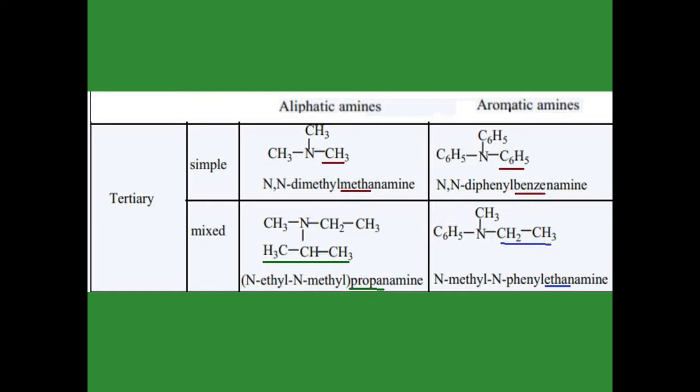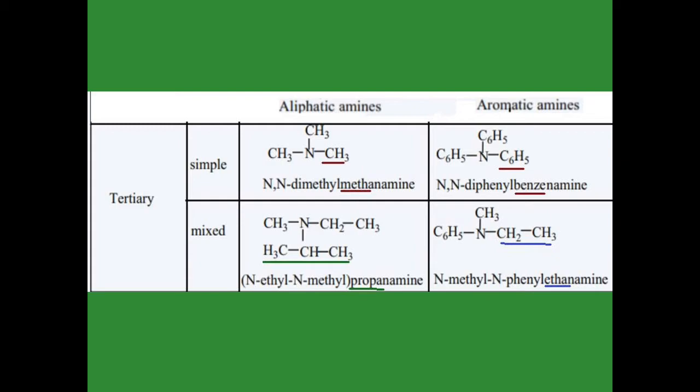The nitrogen is attached with 2 methyl, so we write N, N-dimethyl. For only one methyl group we indicate one N, but here 2 methyl are attached with the nitrogen separately, so we indicate N, N.